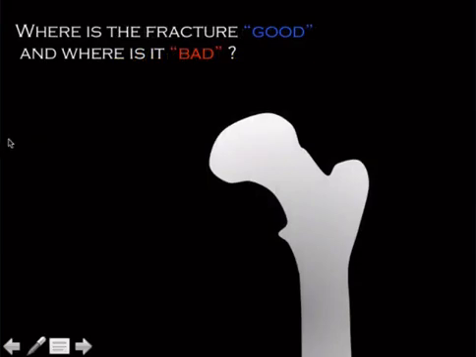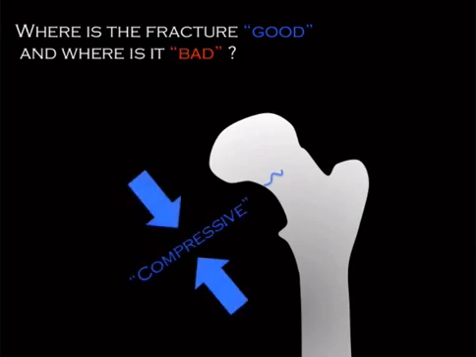So moving on. All right, so again, with this high risk versus low risk stuff, you can have fractures in 2 different places in the femoral neck, right? You can have a fracture here, and you can have a fracture here. Which one's good and which one's bad if you had to pick? So this is considered the good one because it's the compressive side.